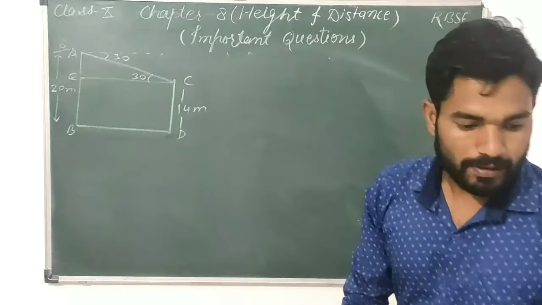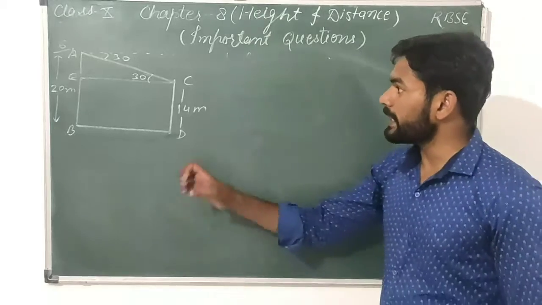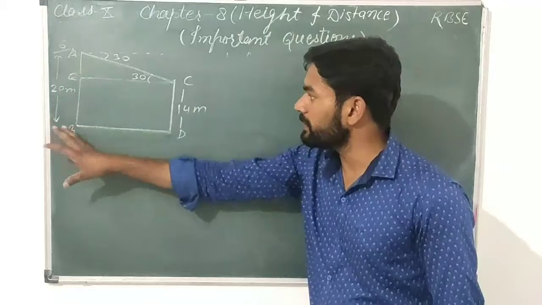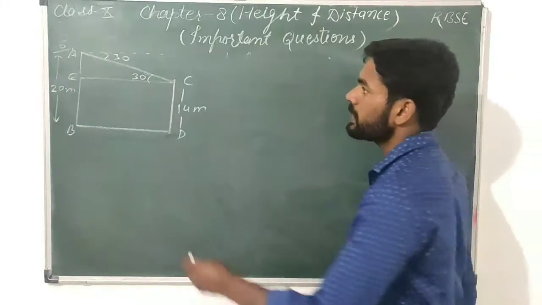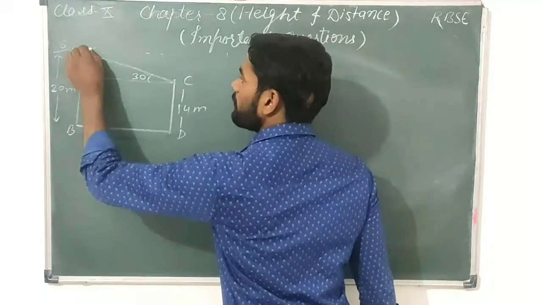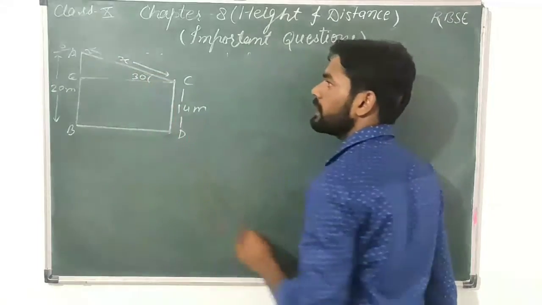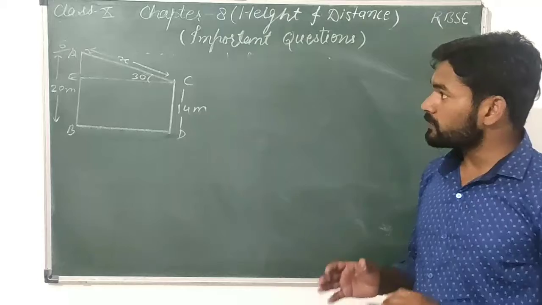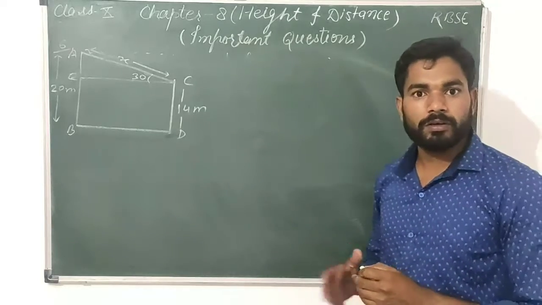First of all, you will write everything as given in the structure. Let this be equal to this, and we assume the length of the wire is equal to x.